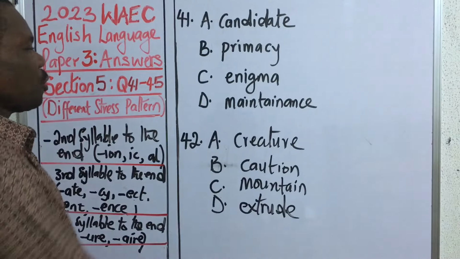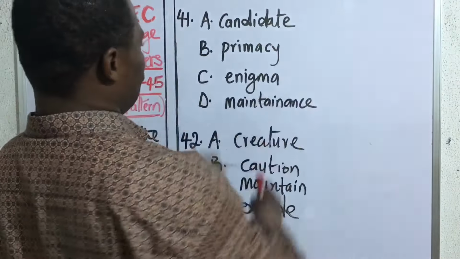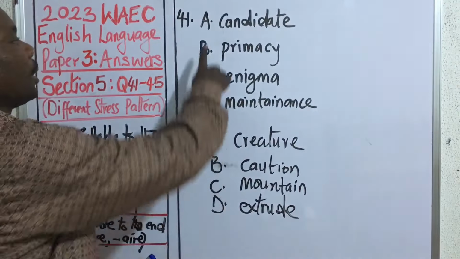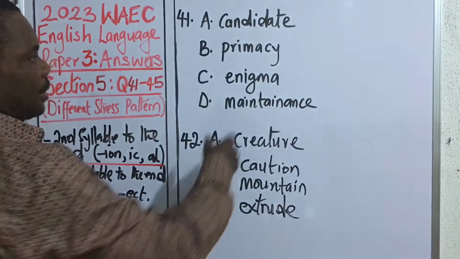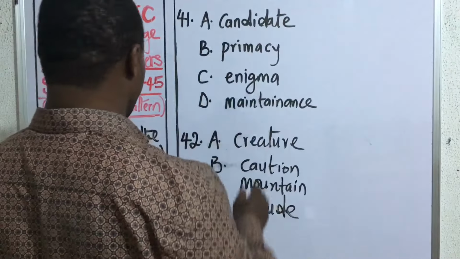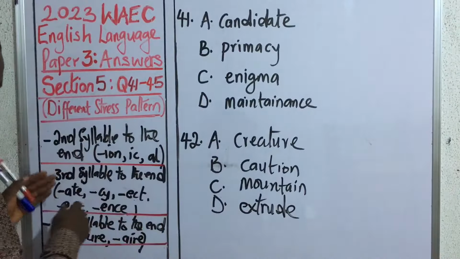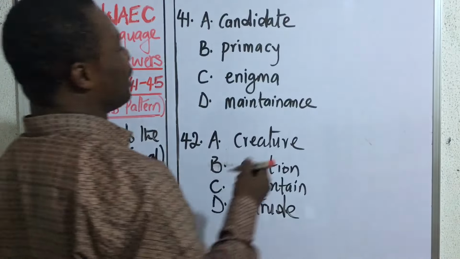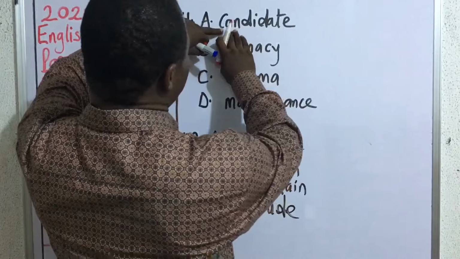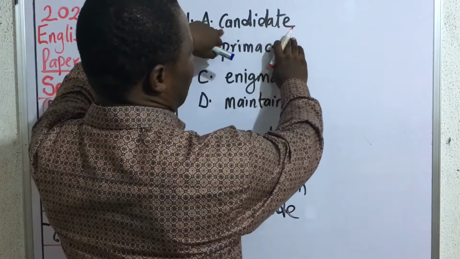Now let's pick up the first question in this year's exam. Candidate. It's quite easy to handle. When the word ends in ATE, you stress it on the third syllable to the end of the word.